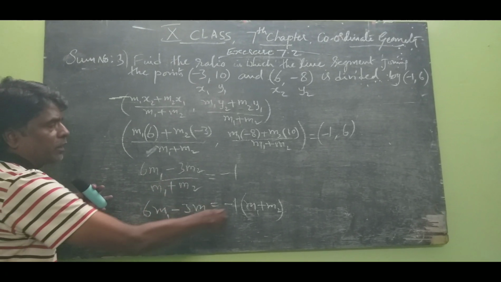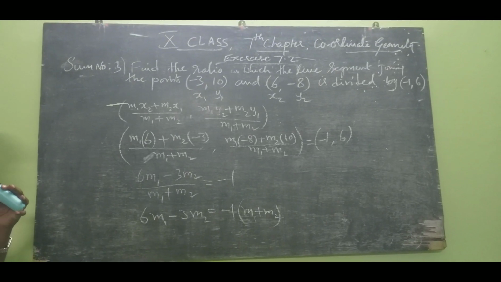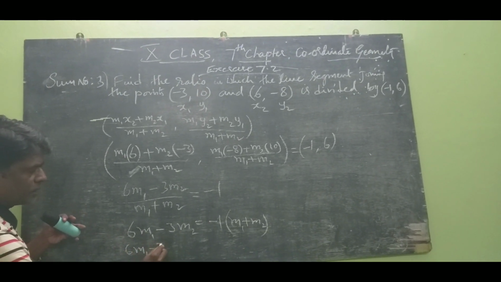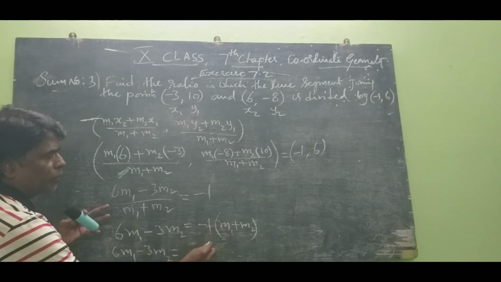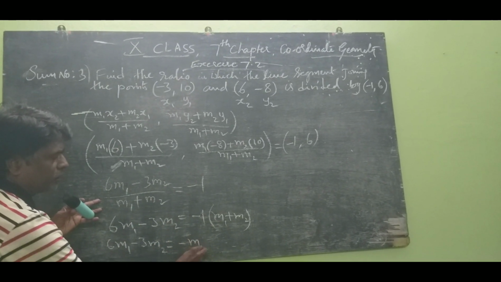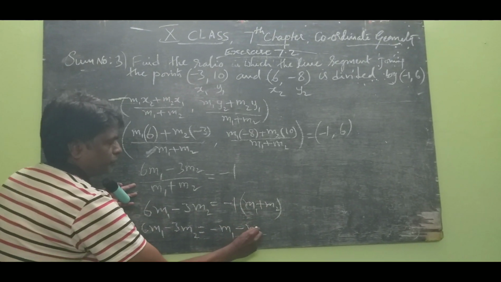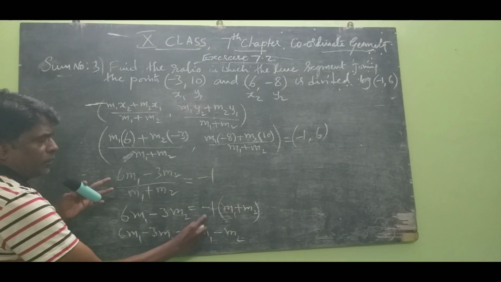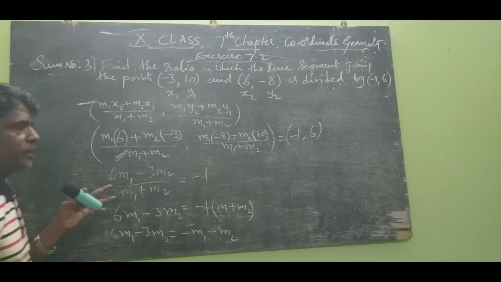The denominator I took to that side. So -1 into (m1 plus m2). So simplify this. 6m1 minus 3m2 is equal to minus 1 into m1 is minus m1, minus into plus, minus m2. Okay.